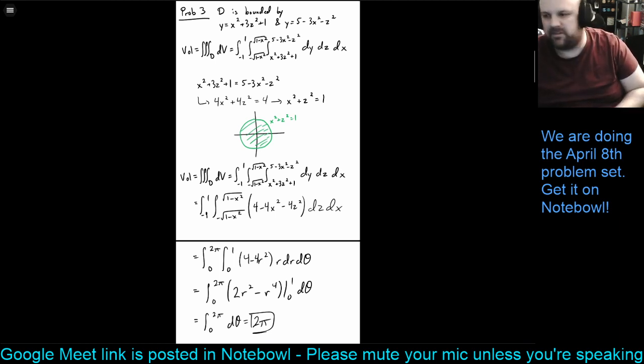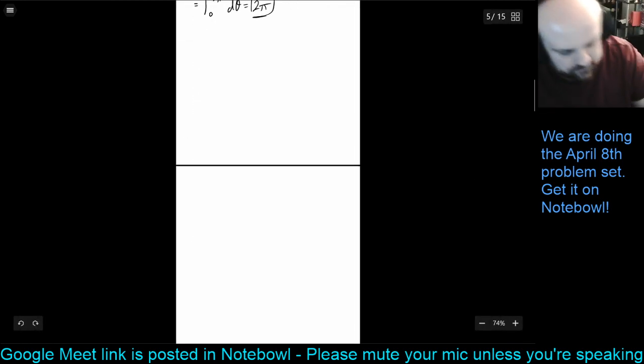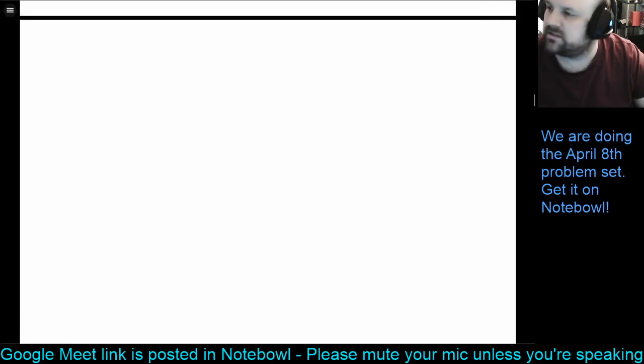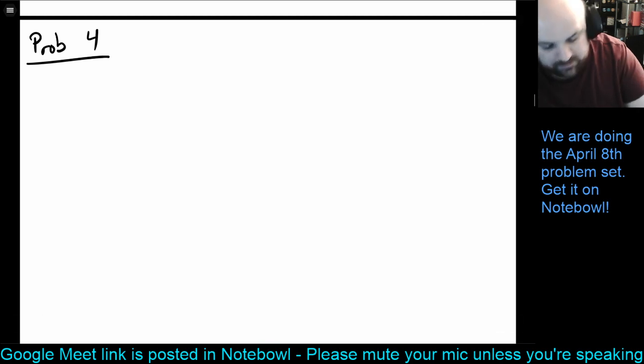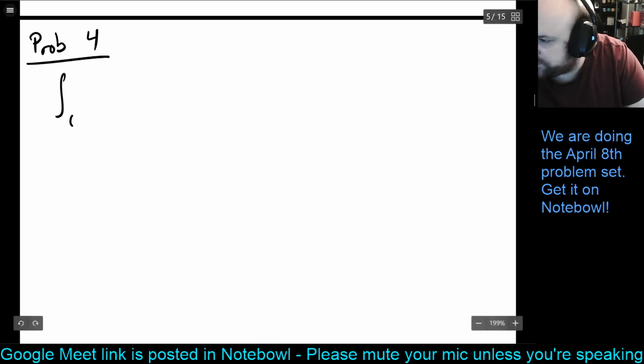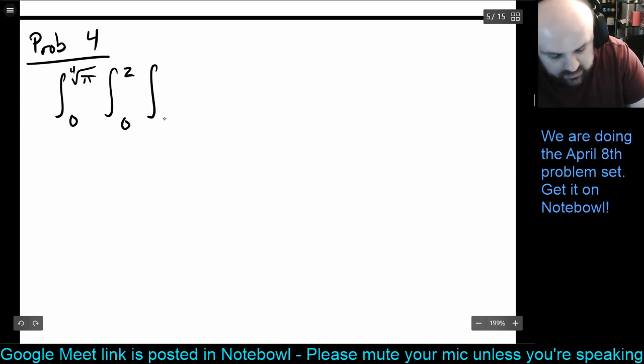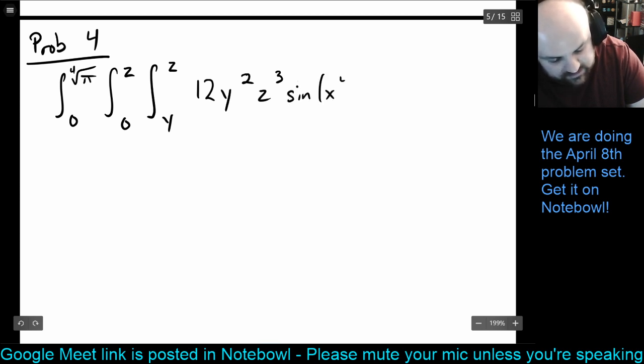So let's go ahead and move on to the last problem here. Right. So the last problem is: evaluate the integral from 0 to the 4th root of pi, 0 to z, then y to z, of 12 y squared z cubed sine of x to the 4th.